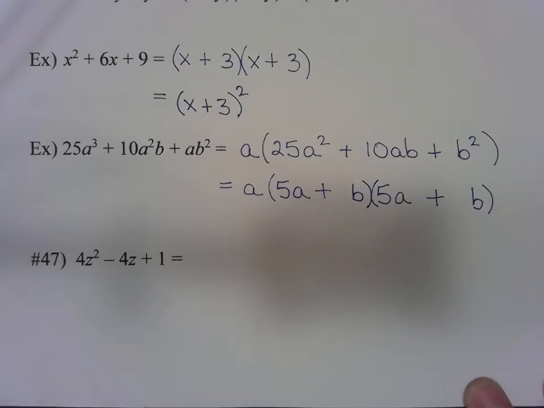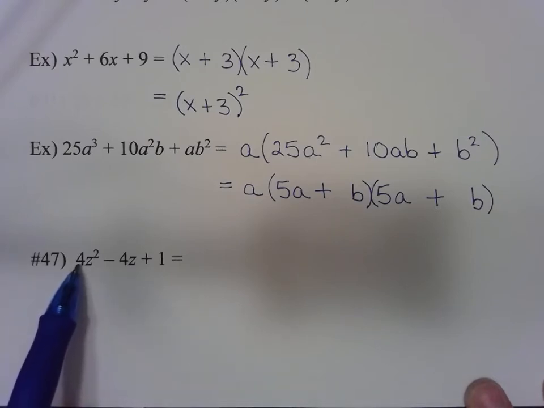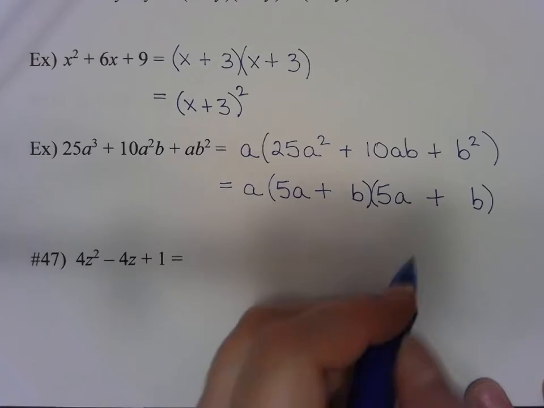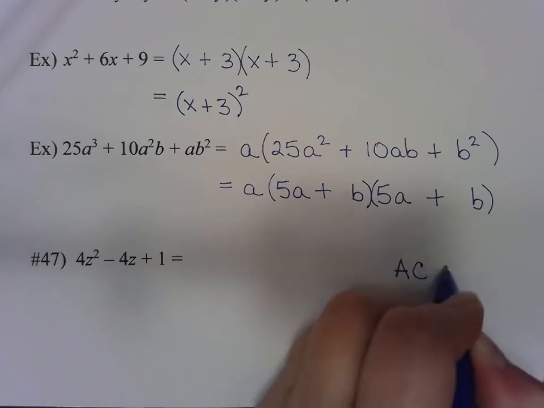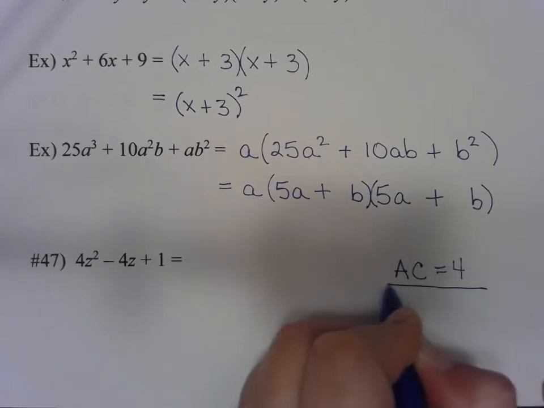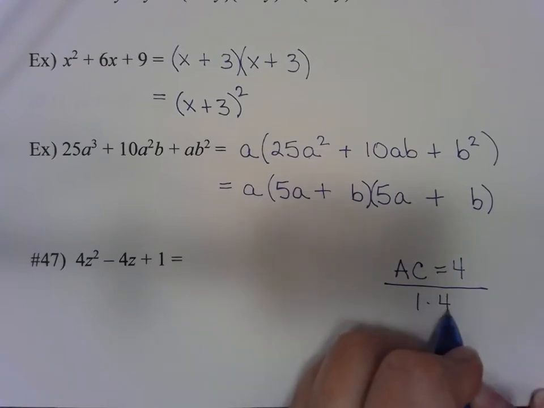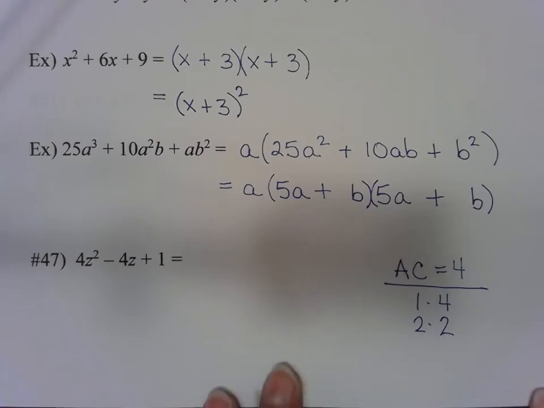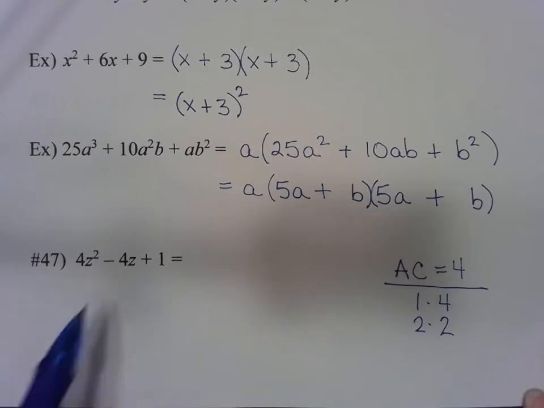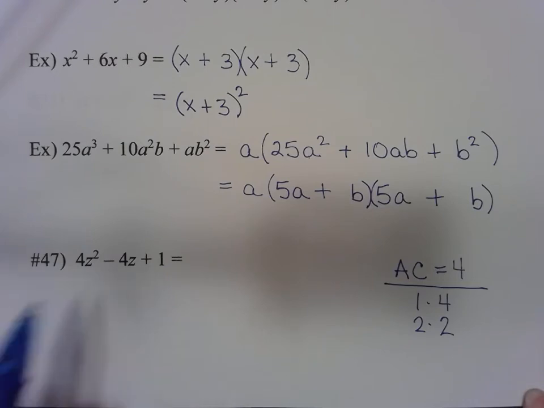Same thing for this one. Do you want to try and use the AC method here? Why don't we do that? A times C would be 4. 4 could be 1 times 4 or 2 times 2. We need to pick the pair that adds to be -4.